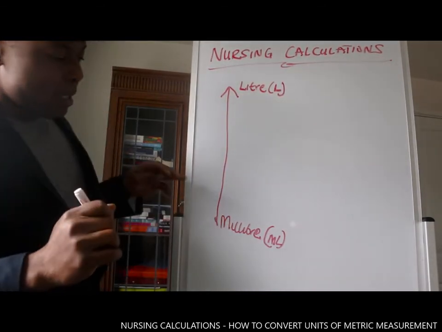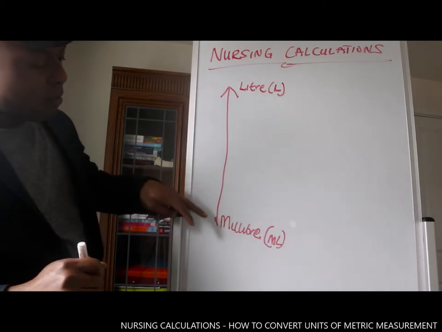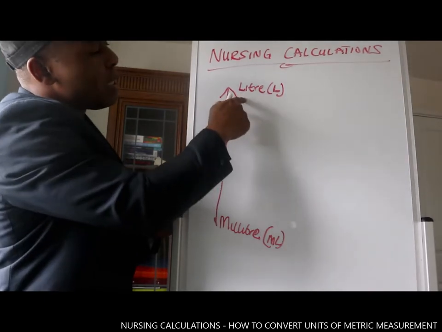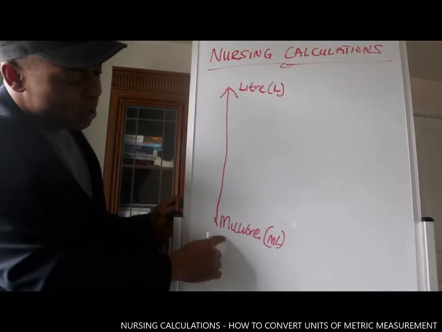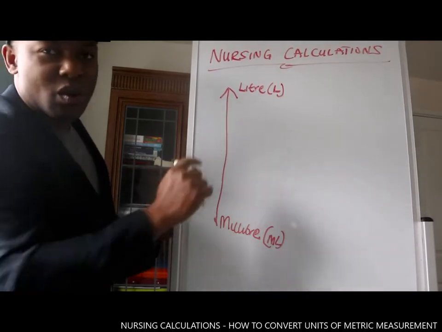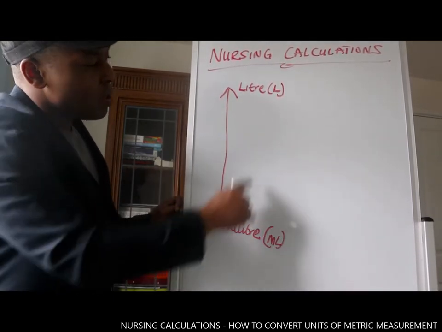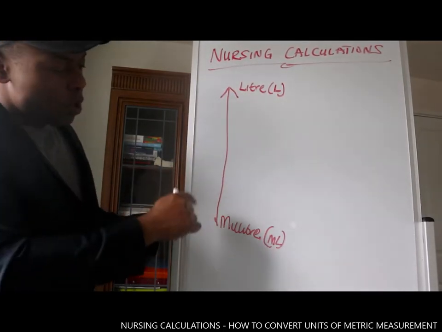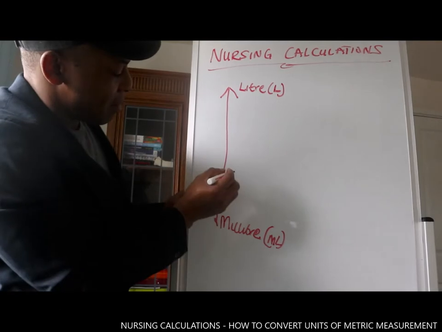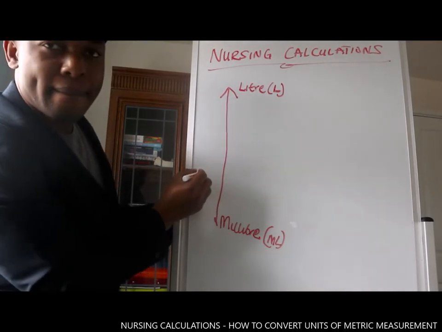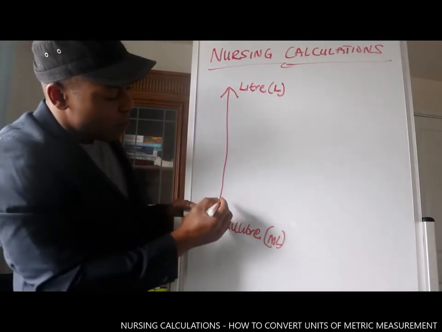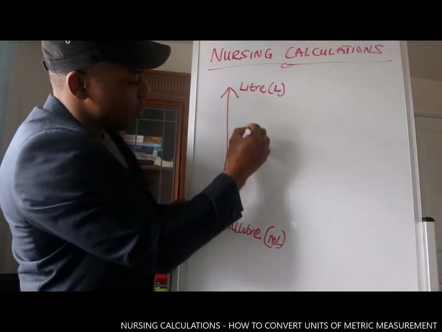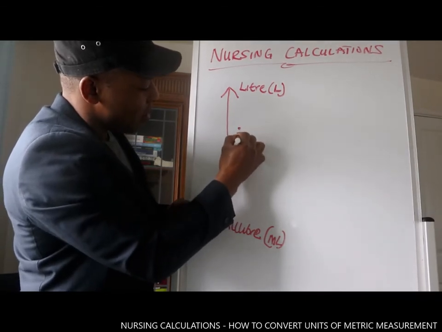Now you might be asked to convert a unit from milliliter to liter. So milliliter is smaller than liter. So if you are asked to convert from milliliter to liter, so from smaller to big, what you need to do is to divide by 1,000. You get me? Convert from here, you divide by 1,000.